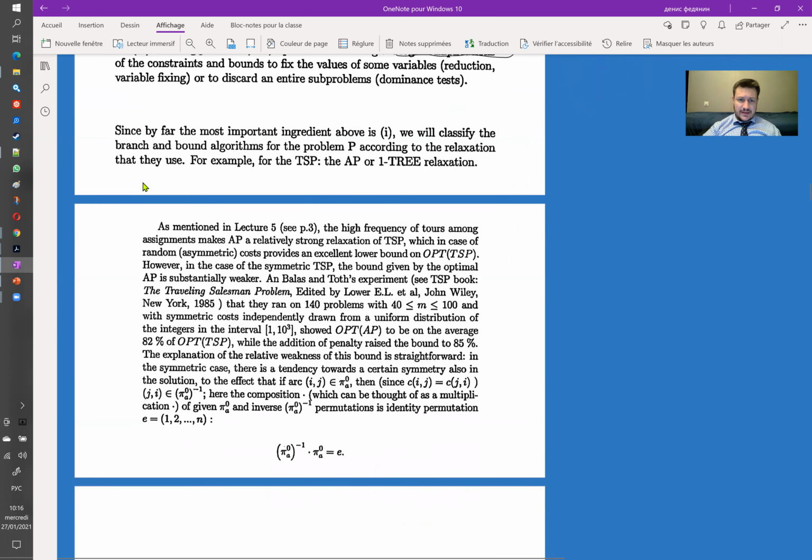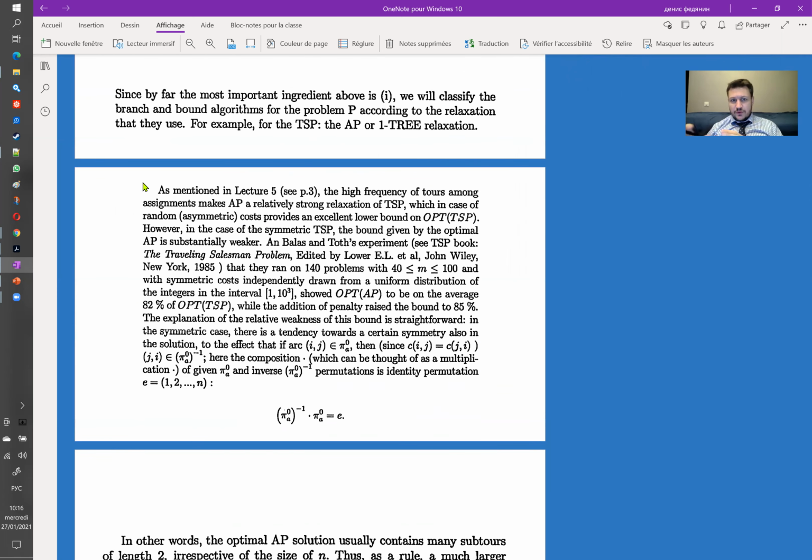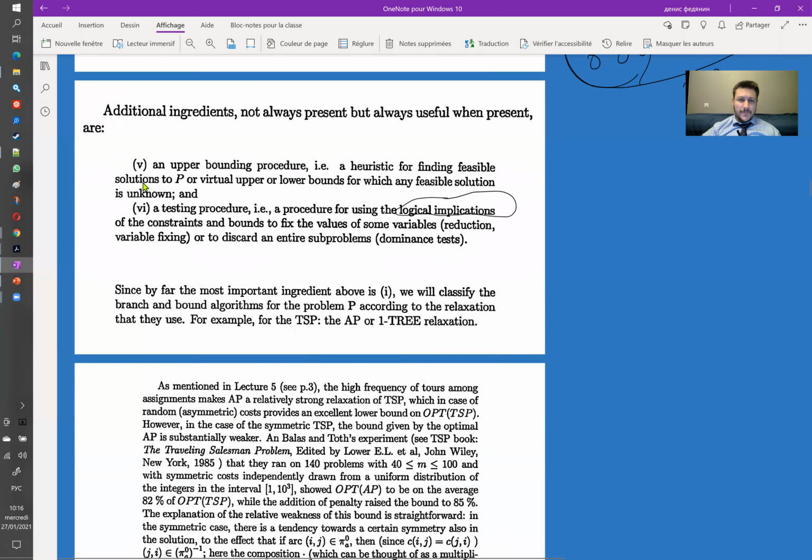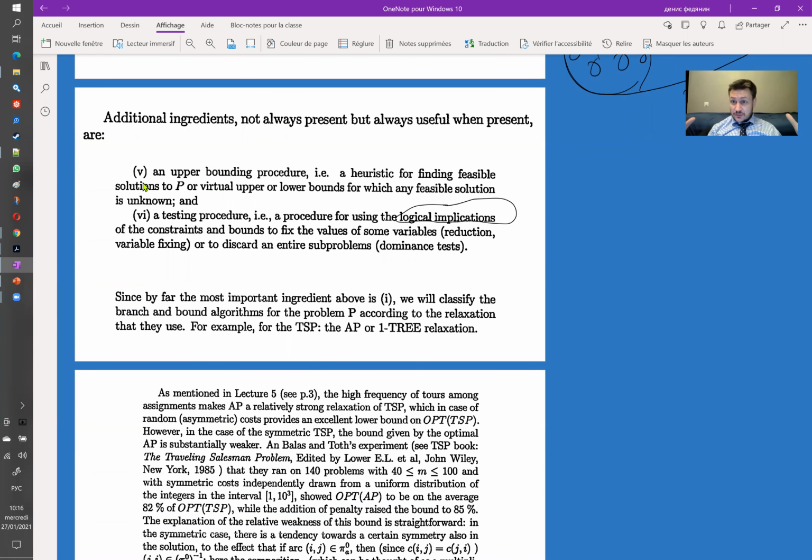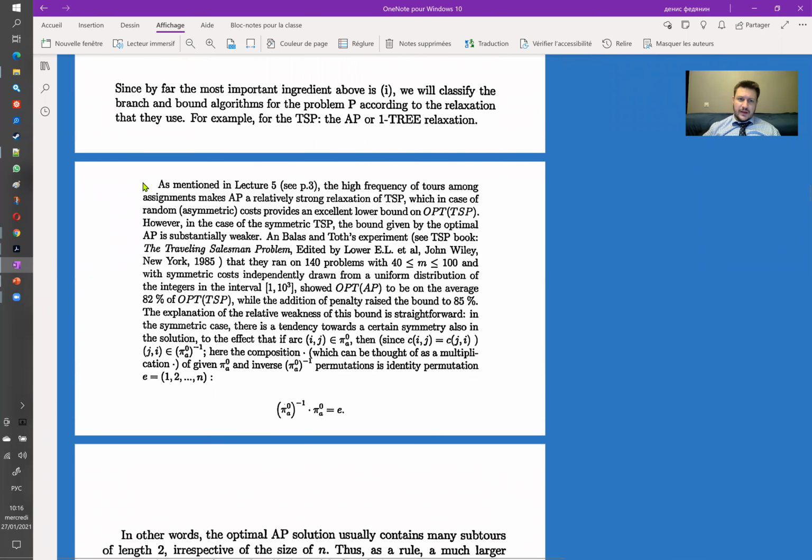Okay, and now we go further, and we want to apply this very general rule for the branch and bound algorithm to a very specific problem, our traveling salesman problem. So we have several cases, asymmetric and symmetric. They're not the same. It looks like what kind of difference it could be. Asymmetric, symmetric, we just use the algorithm and that's all.